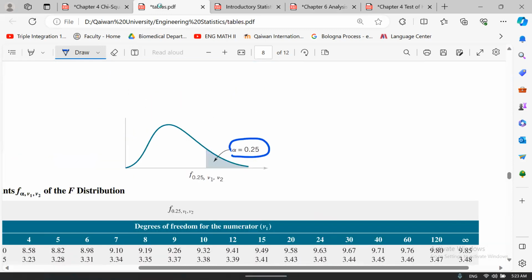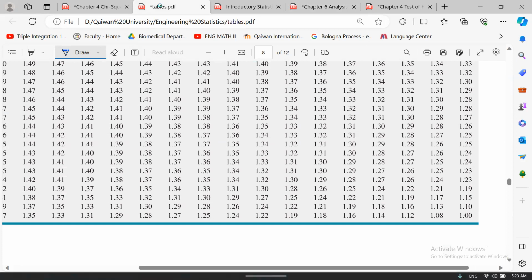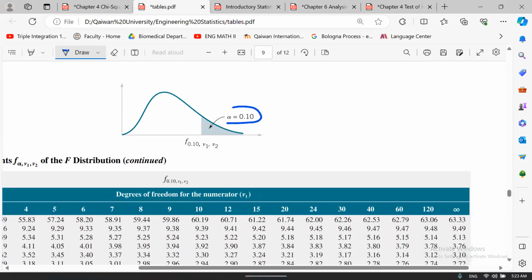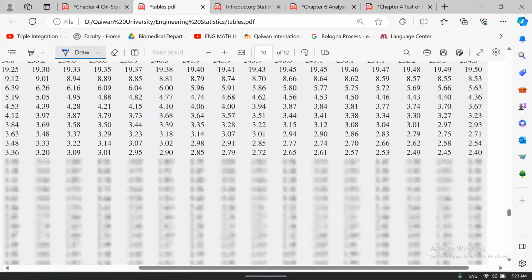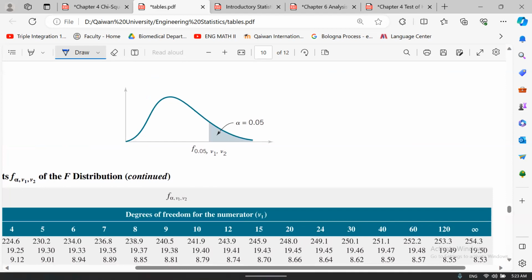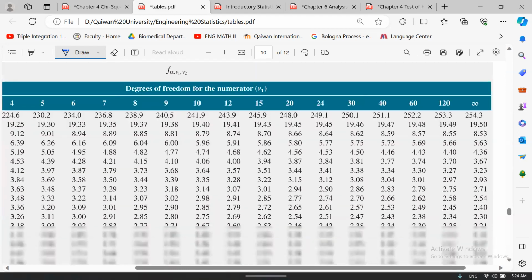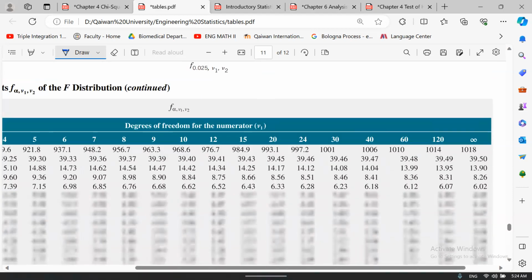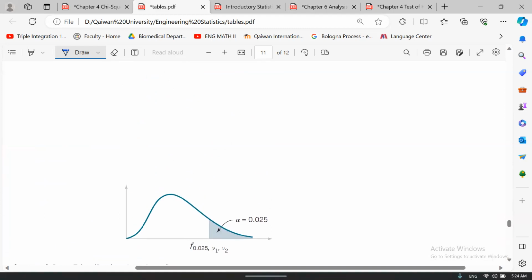If alpha to be 0.25, we use this table. If alpha to be 0.10 or 0.1, we use this table. We have different tables for F test. If alpha to be 0.05, we use this table. And for each alpha, we have a table, okay?